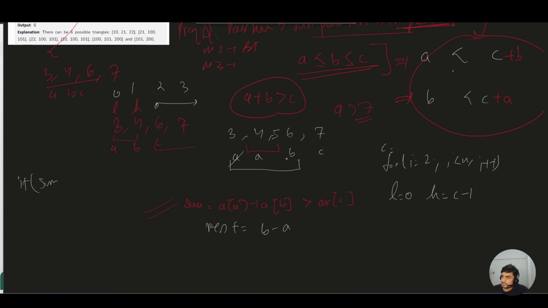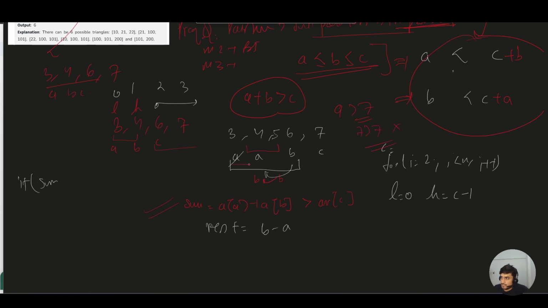But we have not ensured what if we move the pointers from the right hand side, that is B, going inwards. So can you also say for certain that if I move B here, then 3 plus 5 is 8, which is greater, so it's now available. But if we move further inward, B moves to this point 4, then 3 plus 4 is 7, and 7 greater than 7 will not hold the inequality, right?